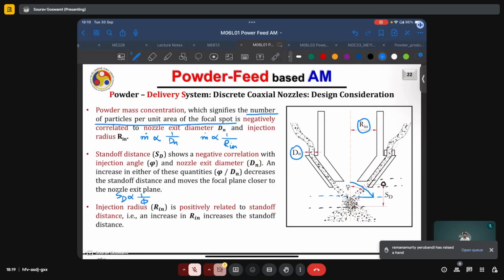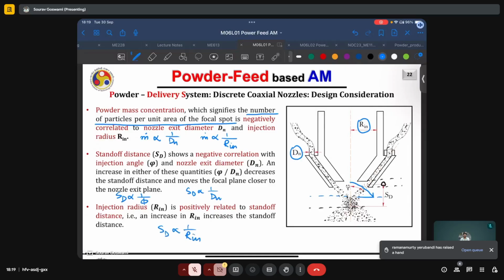Standoff distance also shows a negative correlation with nozzle exit diameter. Now, the injection radius is positively related to standoff distance, that is, an increase in Rn increases the standoff distance.